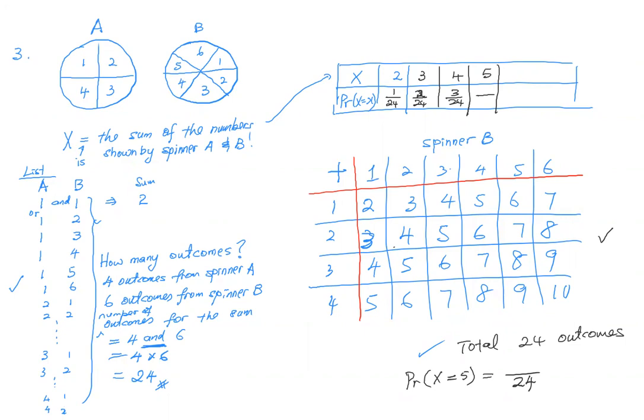Whatever is inside the table are the sums. So you look at 5, it only appears 1, 2, 3, 4 times. So it's 4 out of 24.